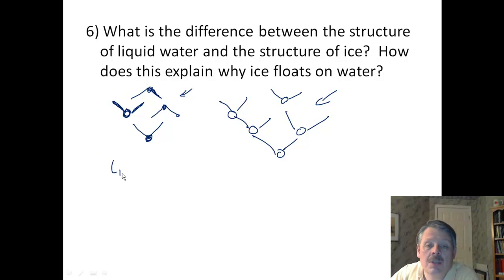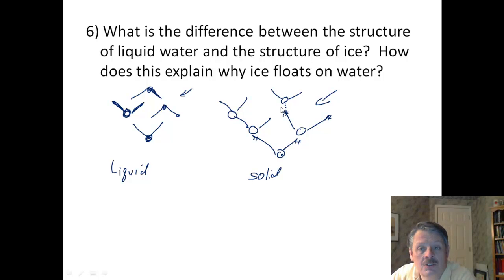Well, the same thing is true for water. This is liquid water over here. And this is solid water or ice. When ice forms, it forms this thing where oxygen and hydrogen, which is at the end of each arm, are reaching out and pushing away from each other, and these hydrogen to oxygens are attracting. So you end up with a crystal structure.